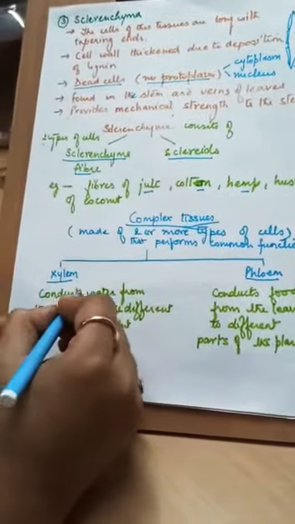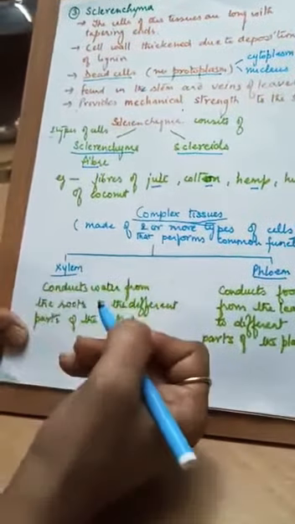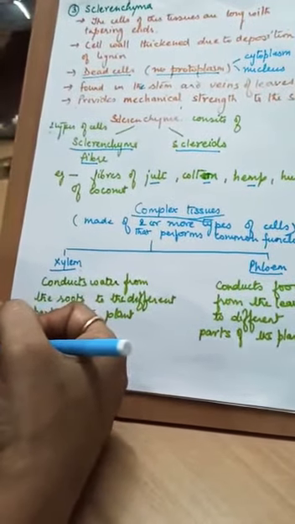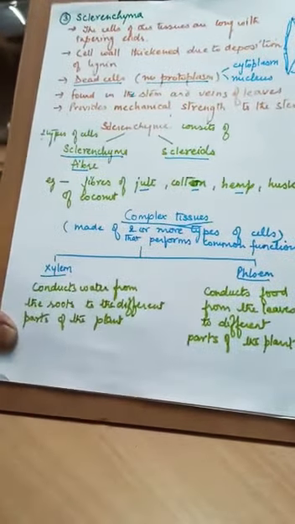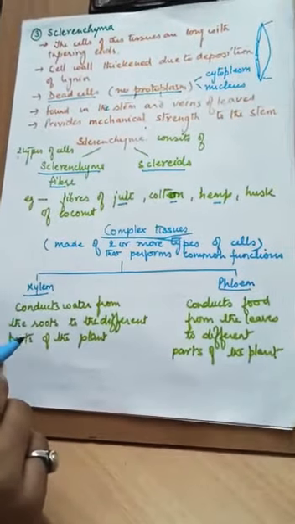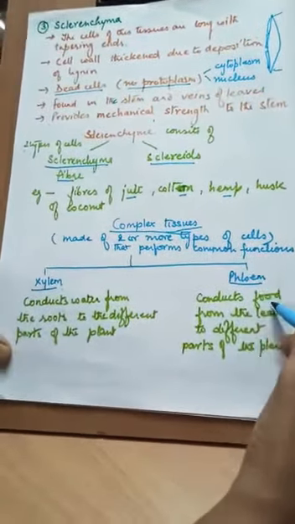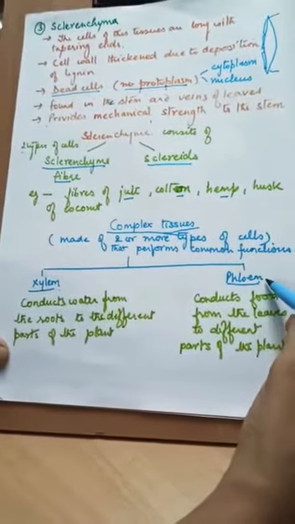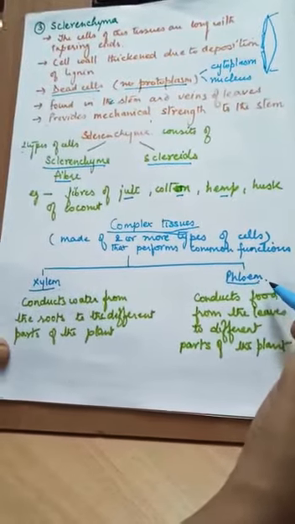Xylem conducts water. We know that the root absorbs water from the soil, and it is transported to different parts by xylem. Phloem conducts food. So we know that phloem conducts food, where the food is prepared in the leaves.